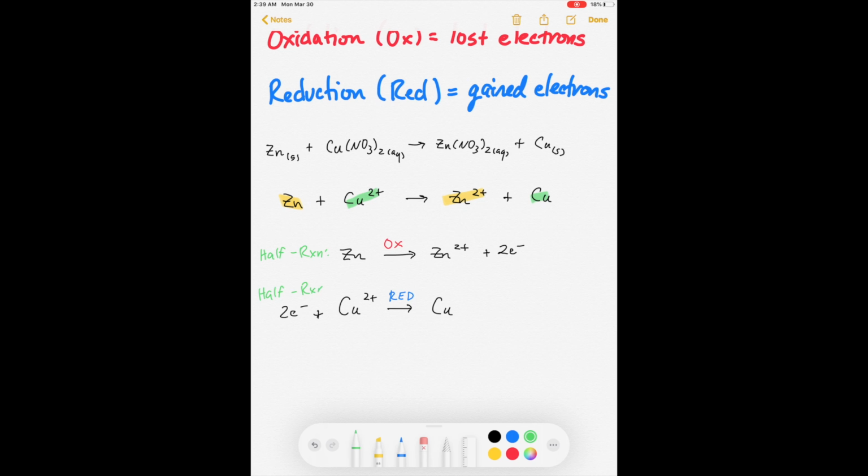A half reaction is where we are only focusing on either the oxidation or the reduction, but not both. Why do we call them half reactions? Well, because there are 2 processes at play, oxidation and reduction, and so looking at one out of the 2 is a half reaction. And we can always look at any given reaction in terms of its oxidation and its reduction components.